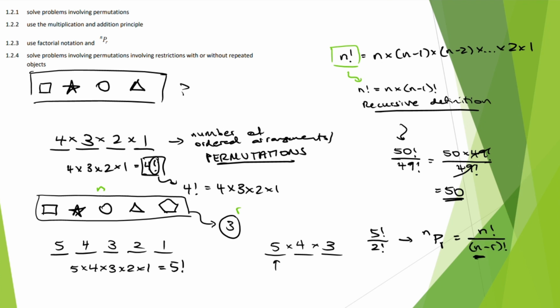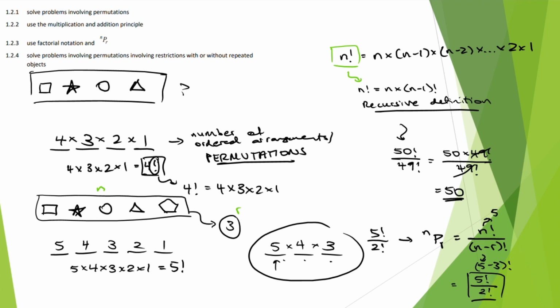That is the number of objects I have minus the number of places. In this case, my number of objects is 5, so my n is equal to 5. My r in this case is 1, 2, 3. So this is 5 minus 3 factorial. And if we simplify that, we can see that's equal to 5 factorial over 2 factorial, just as we previously expected. Alright? So this is a very basic sort of permutation question.